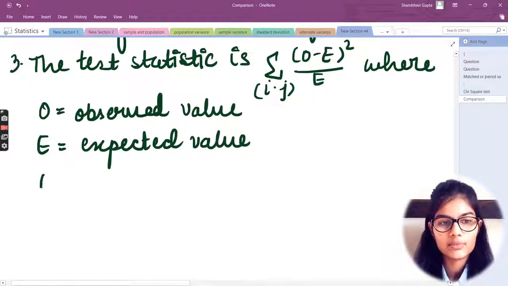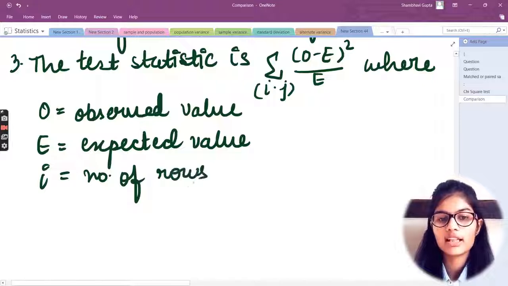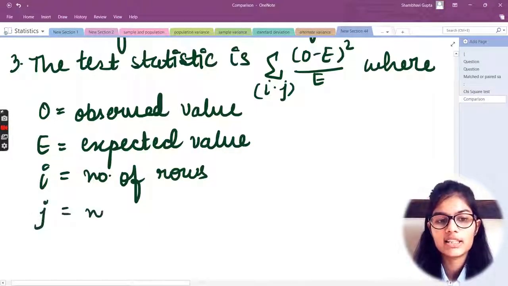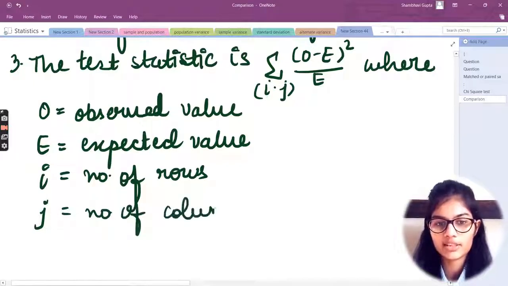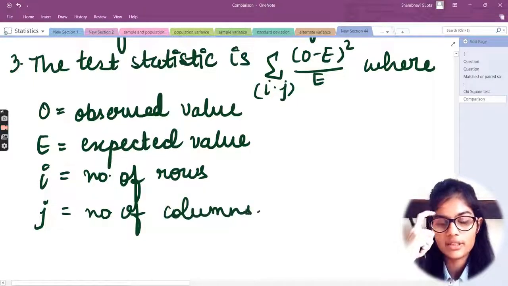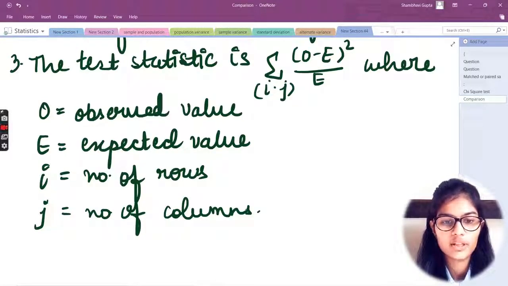I is the number of rows in that table, and J is the number of columns that we are having. So yeah, this is the formula regarding the test of independence.